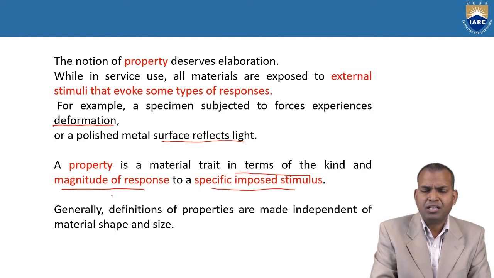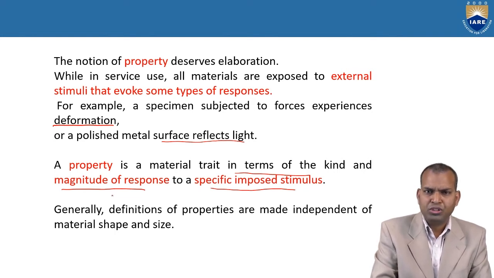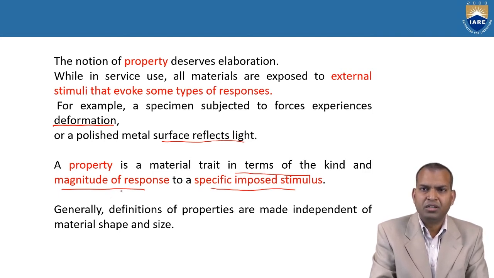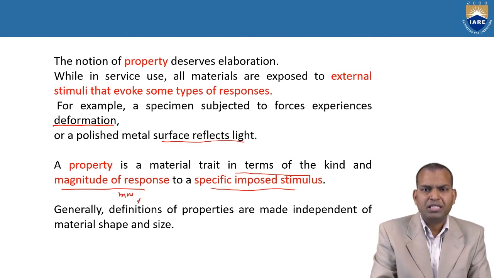Whenever we talk about responses, two things should be there: quality and quantity. We have to quantify the response. Suppose the response is deformation; it is quantified in millimeters. Suppose the response is stiffness; it is quantified in Newton meters.